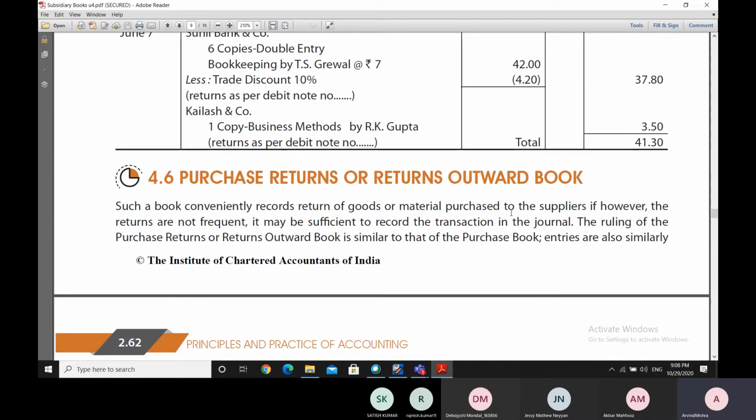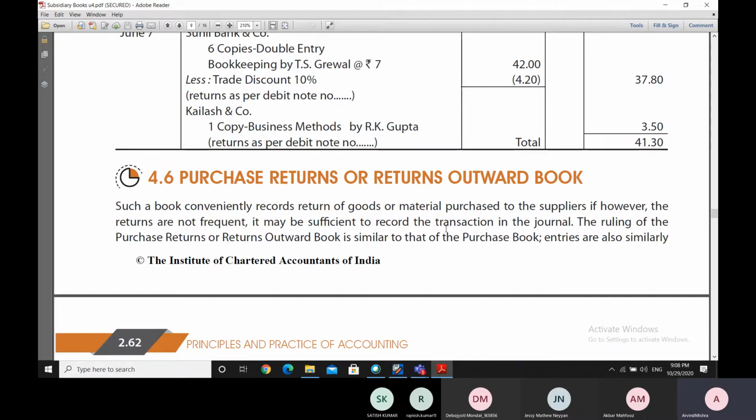But if they are frequent returns, then it is always better to maintain a separate book called the purchase return book or the return outward book. And similarly for the sales return book also, if there are enough transactions, then it is better to have a separate book for that, so that we can keep track of the returns.